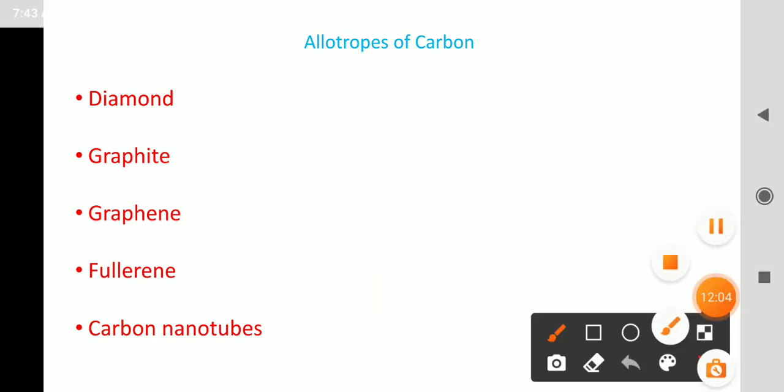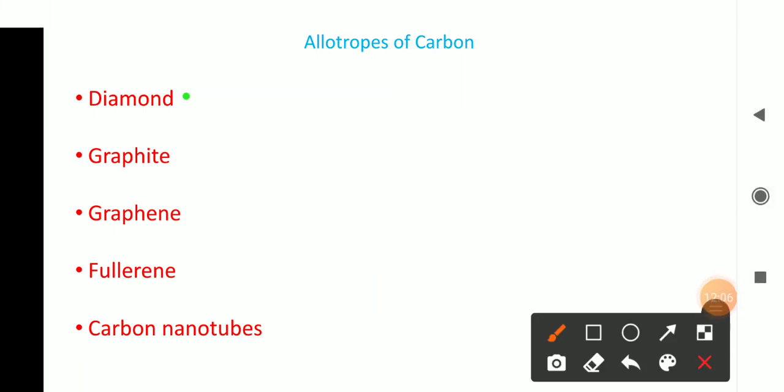The first one is diamond, then graphite, then graphene, fourth fullerene, and finally carbon nanotubes. So these are the allotropes of carbon: diamond, graphite, graphene, fullerene, and carbon nanotubes. We will see these allotropes in detail in the coming video.